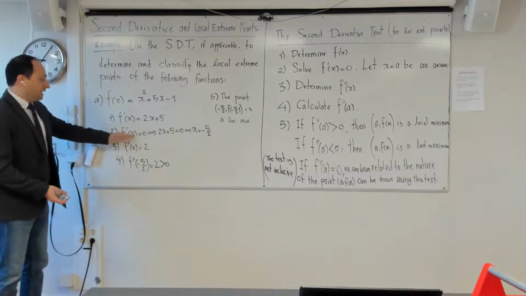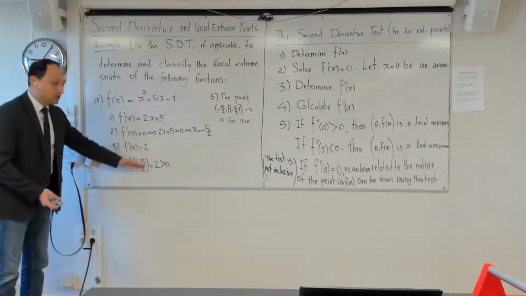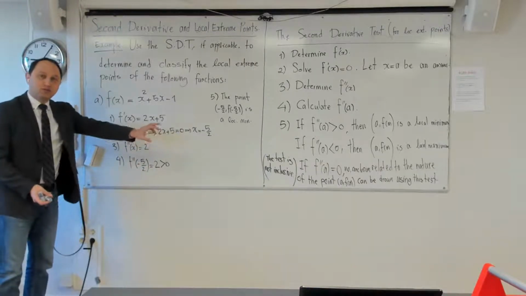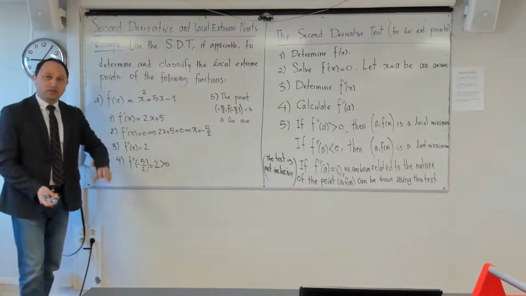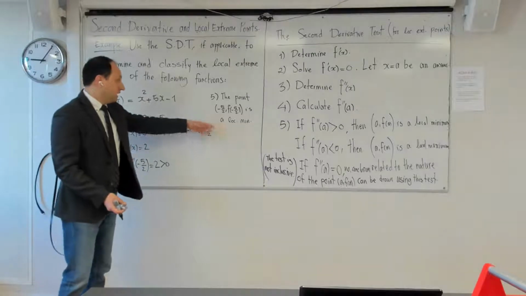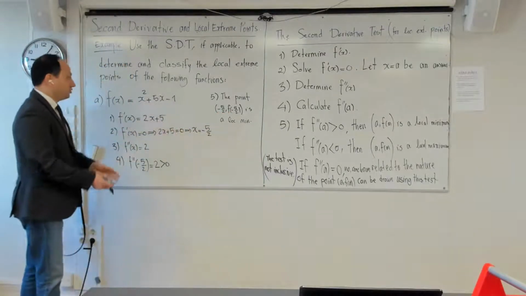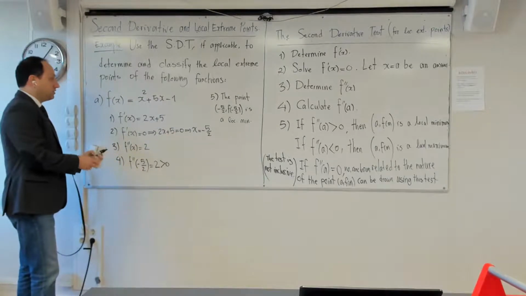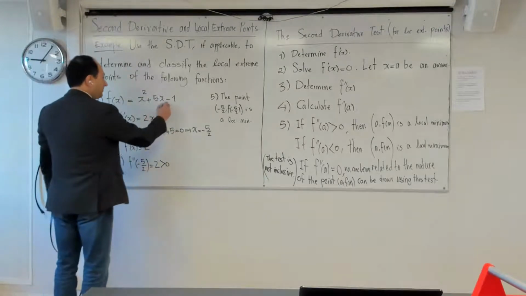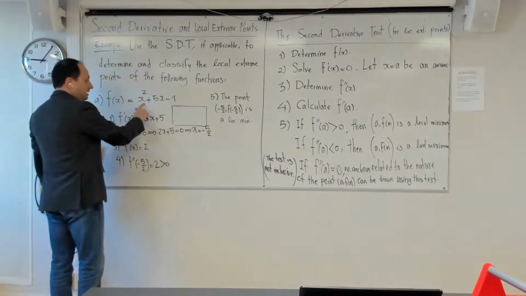Do you remember in the previous setup, after this step, I have to set up a table and determine the sign, positiveness or negativeness of the derivative, and based on that, conclude that this is a minimum. And of course, you shouldn't leave this in this form in the exam. You have to do the calculation. But let me just do it here in a scratch paper so then I can clean it. I put minus 5 over 2 here.